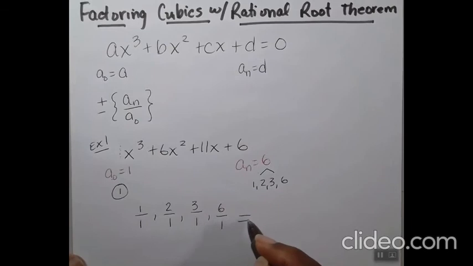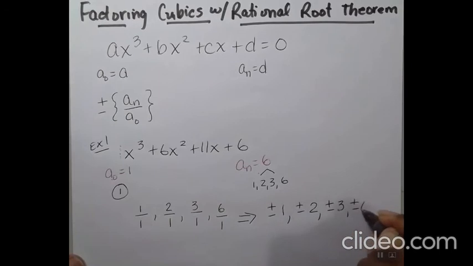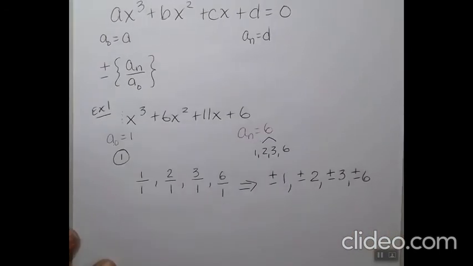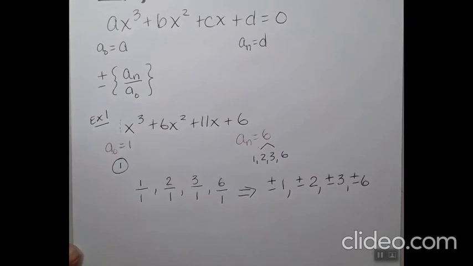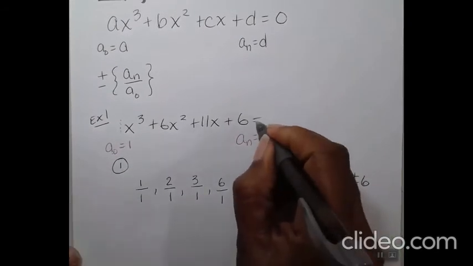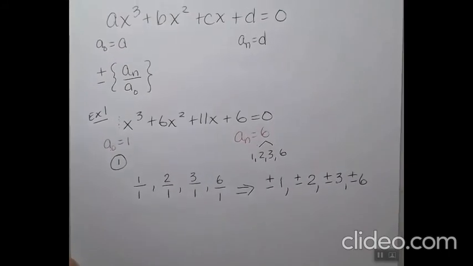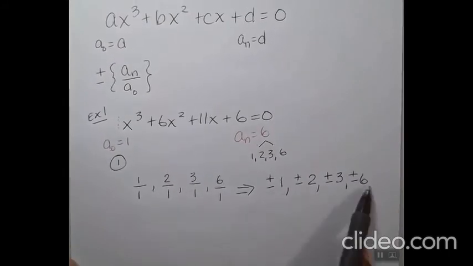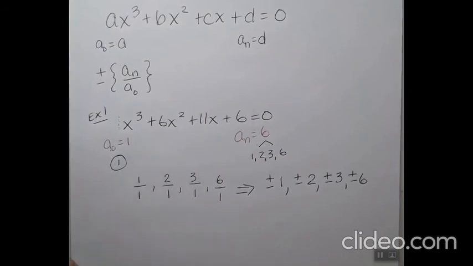So our roots are plus or minus 1, plus or minus 2, plus or minus 3, and plus or minus 6. These are the 8 possible roots for the solution of this cubic. So let's see which one of these numbers, when substituted back into this cubic, actually equals 0.